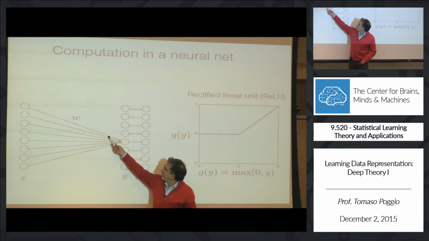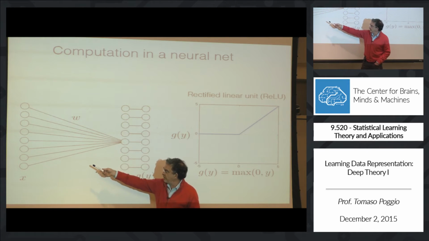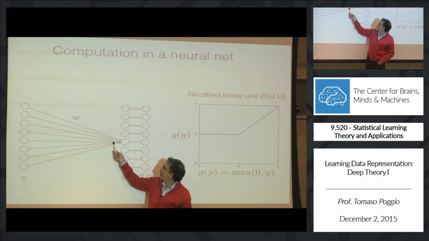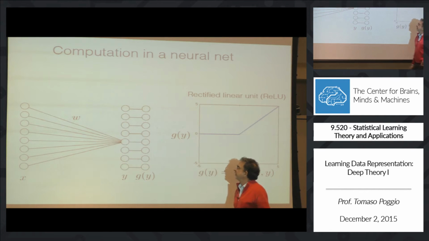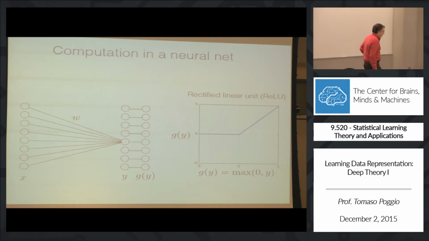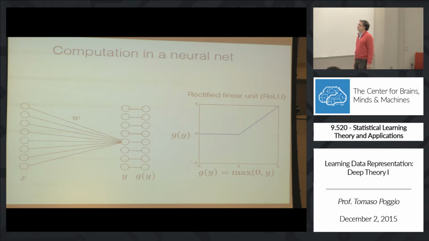You have several inputs that come from the image, like pixels, or from the layer before, with different weights. They get summated and then transformed through a nonlinearity that used to be a sigmoid, but in most of the recent networks is a ramp, called a rectified linear unit.